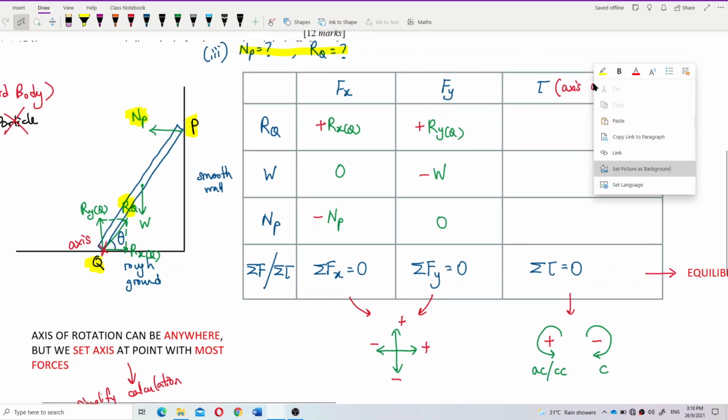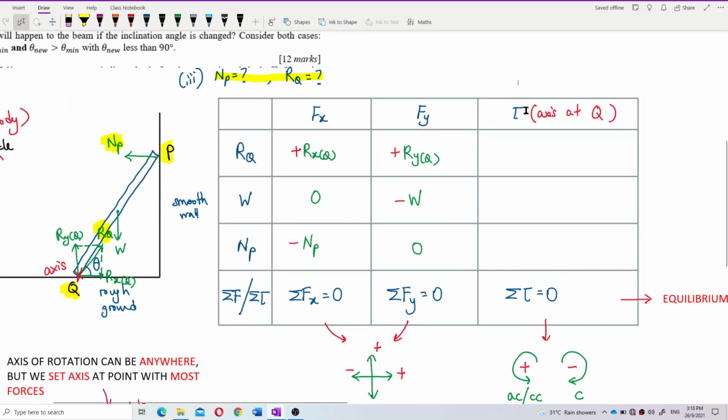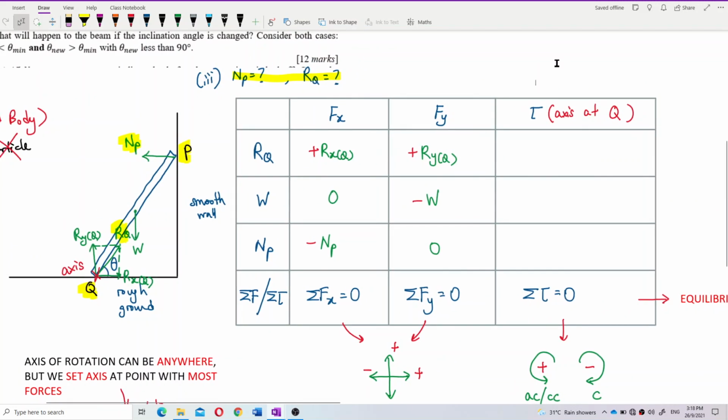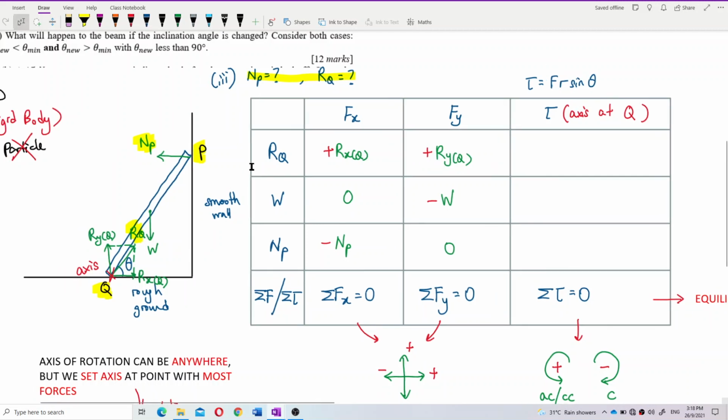What is the formula again for the torque? Torque depends on F times R sine theta, isn't it? So FR sine theta. Look at here. For RQ, it acts on the axis of rotation. You know why I put my axis of rotation over here? Because you have RXQ and RYQ and it's complicated here.